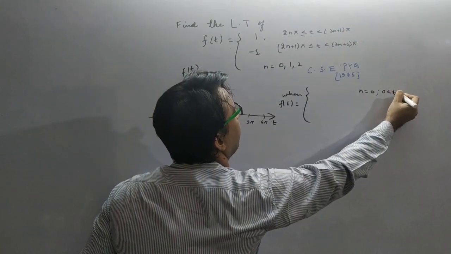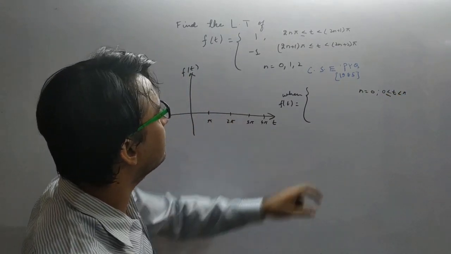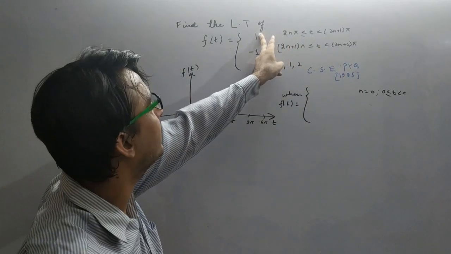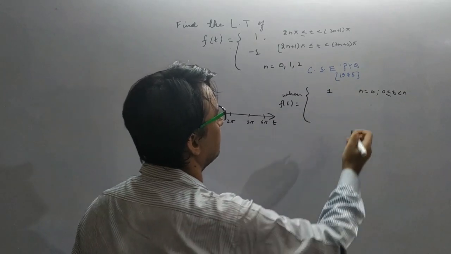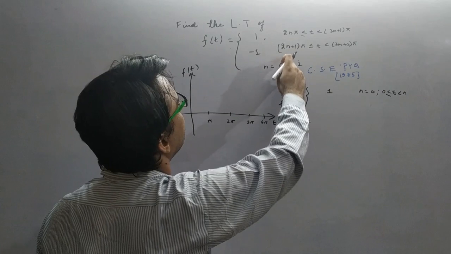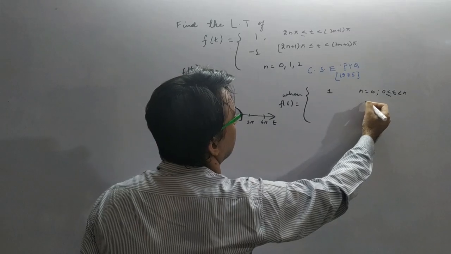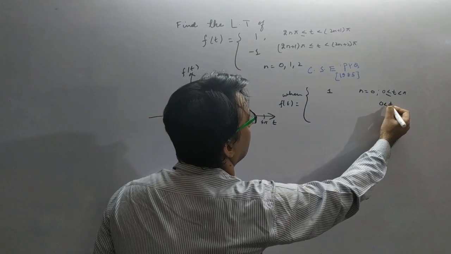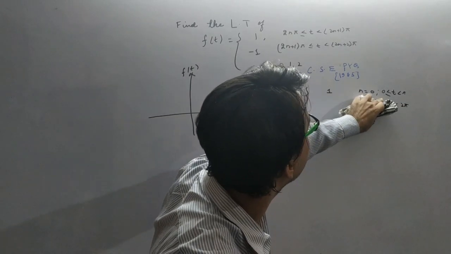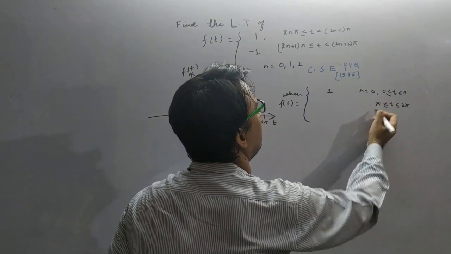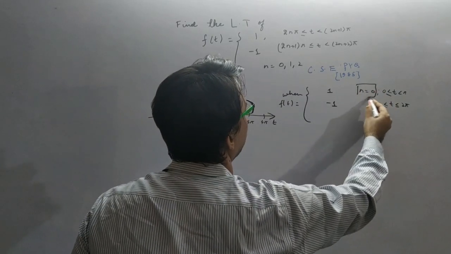So our time varies from 0 to pi, and the value is 1, as we can see. Now in this one, if we put n equal to 0, what becomes pi? So t ranges from pi to 2 pi, and the value is minus 1. So this is the case we have referred to for n equal to 0.